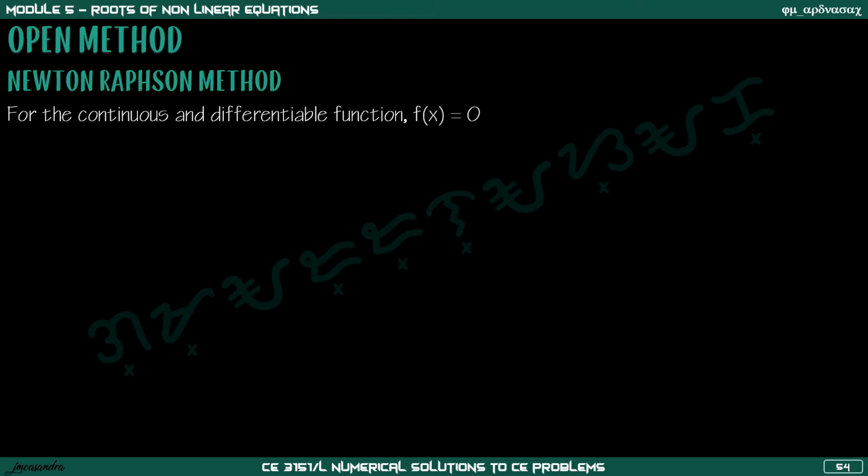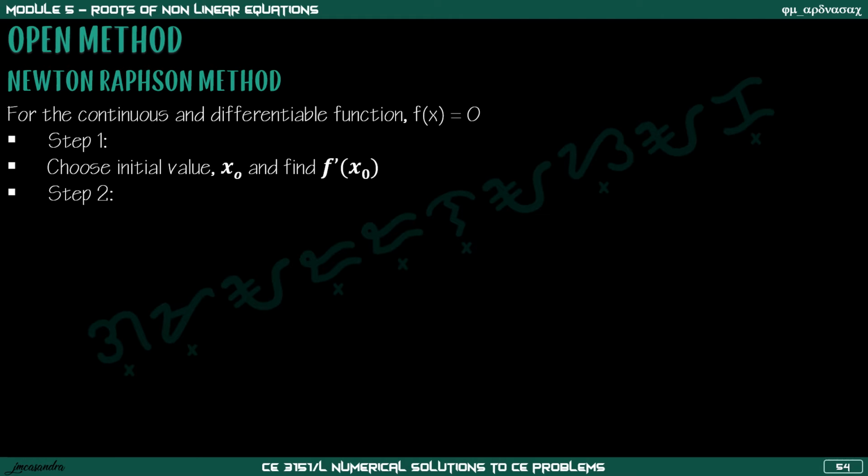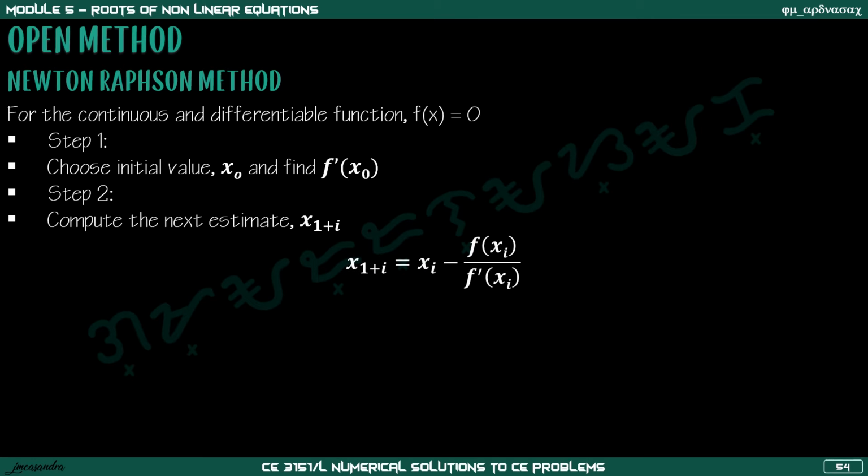For the continuous and differentiable function f(x) equal to 0, the following algorithm will be followed. For step 1, we first choose an initial value, x sub o, and then find its derivative value. Step 2 is to compute the next estimate, x sub i plus 1, using the Newton-Raphson equation.